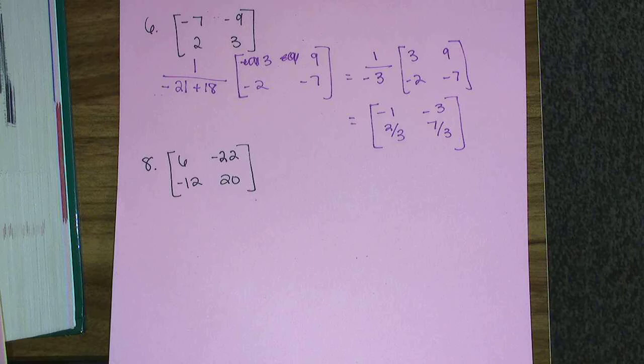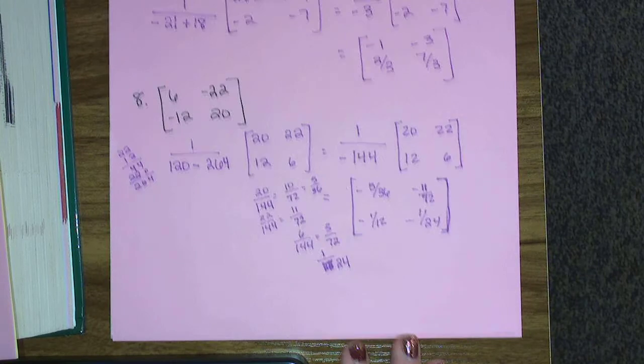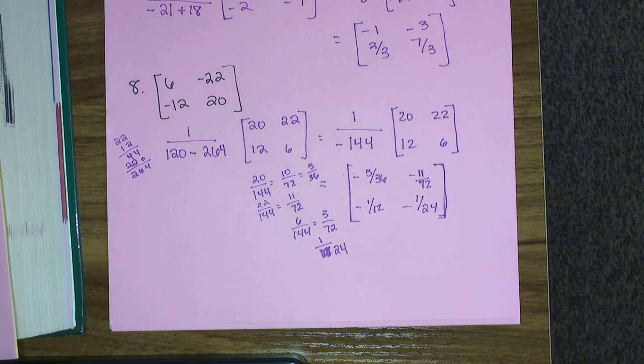All right, what do we get? Okay, so the determinant of that original matrix was 120 minus 264.